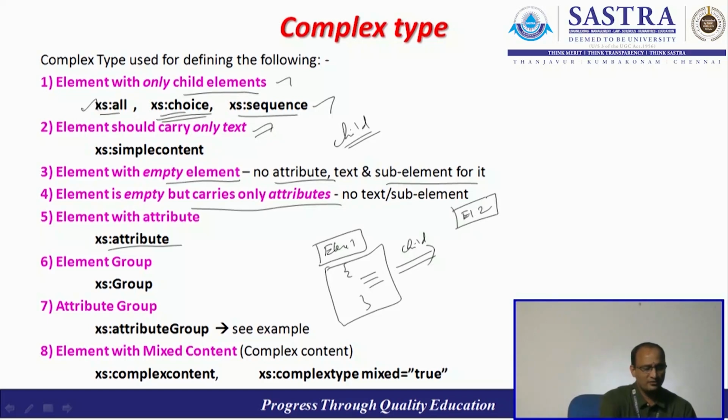The same way, we have a provision for attribute group. Say for example, I have door number, street, pin code as well as city. These are the 4 attributes, and the 4 attributes can be given for any element.